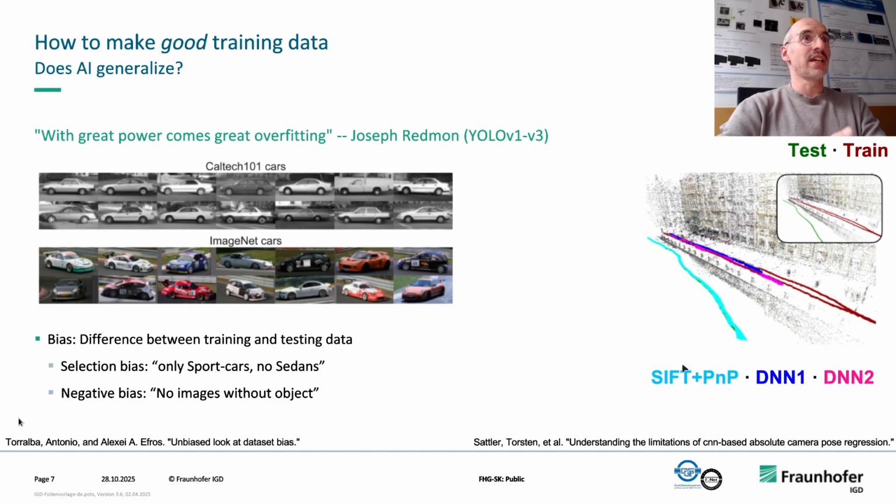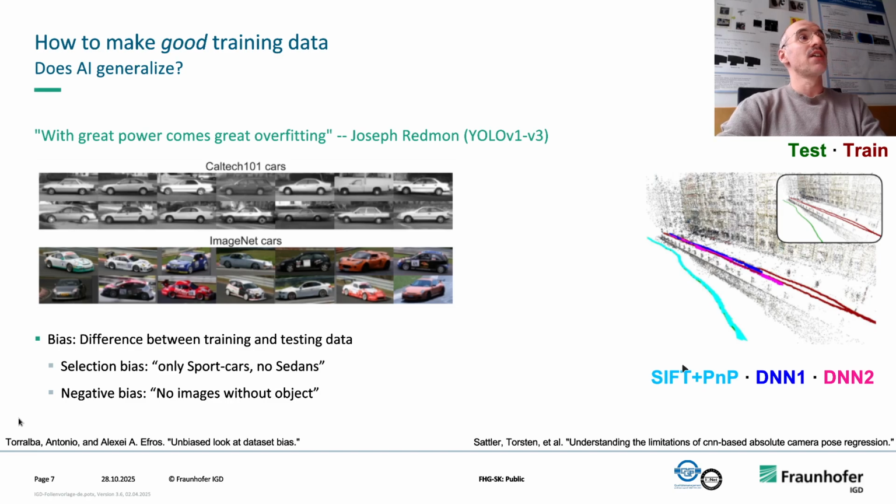Let's take a look at the quote I have on top on the slide, which is by the inventor of the YOLO network, which is very famous nowadays. And it says, with great power comes great overfitting, which means that the more powerful your machine learning model is, the more likely it will just remember parts or most of the training data and not generalize beyond this.